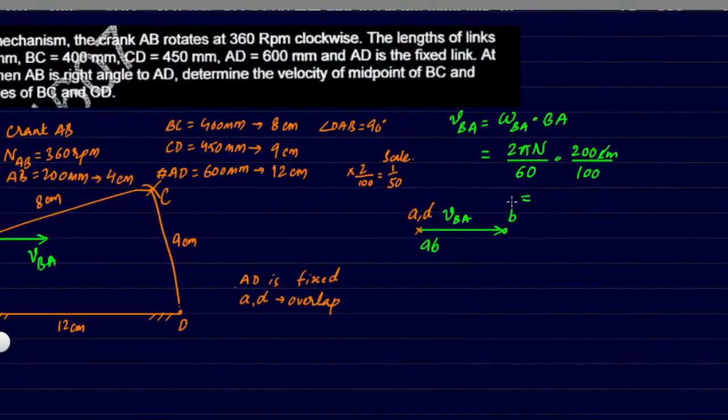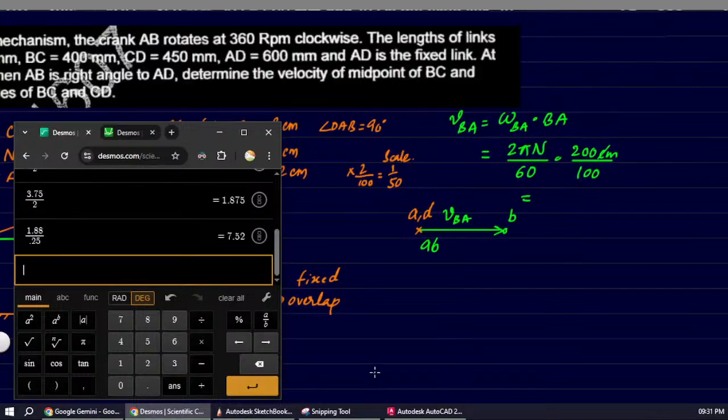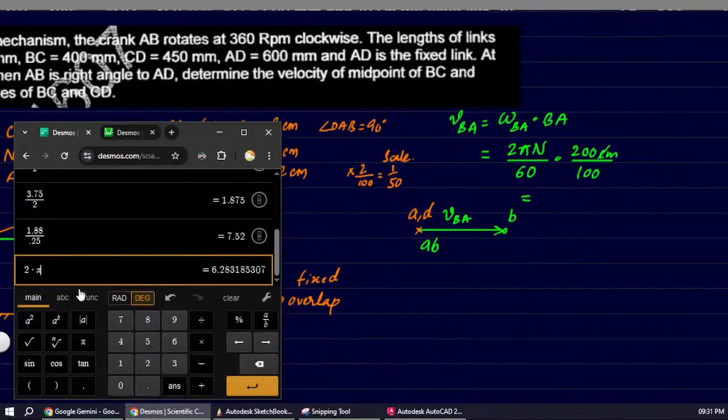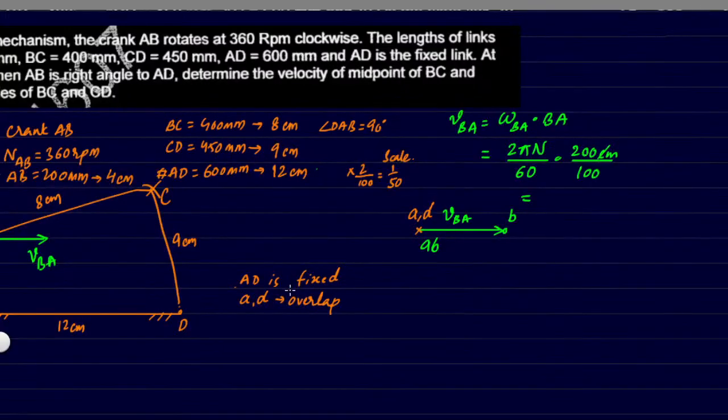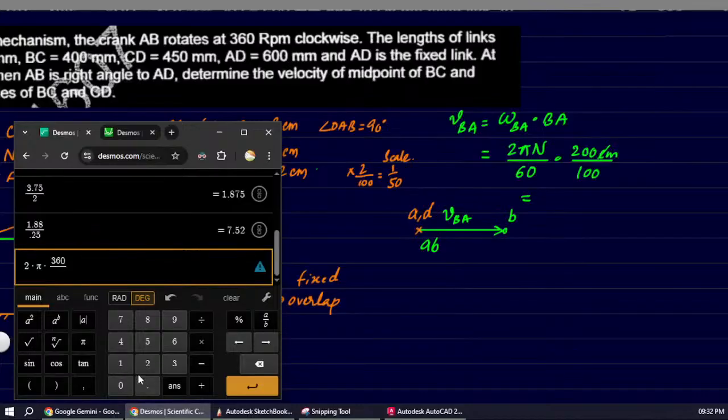So let's quickly calculate the value of velocity of B with respect to A. Let's go back to the calculator. So it's 2 into pi into n. N value is given as 360, divided by 60.